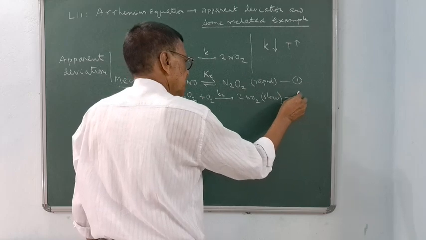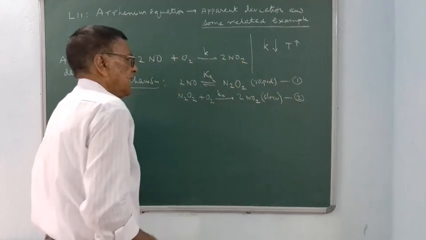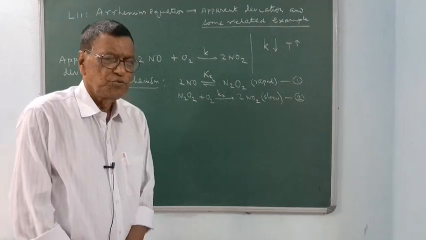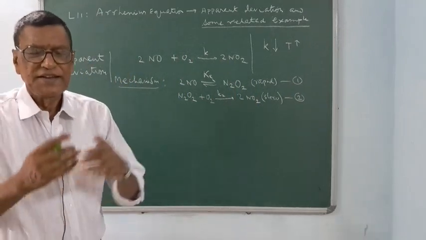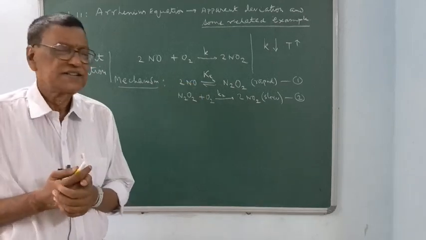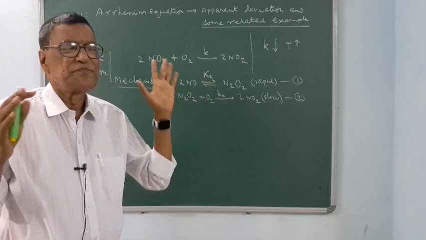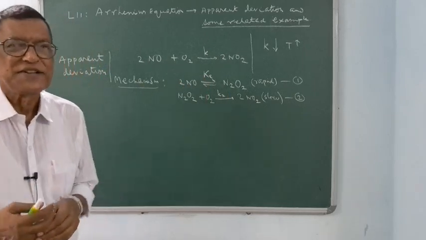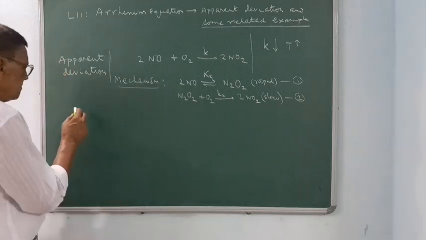This is equation number 2. And we know that in multi-step reactions, the slowest step is the rate determining step.